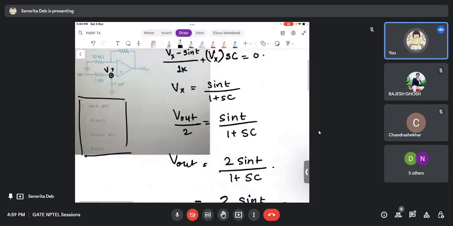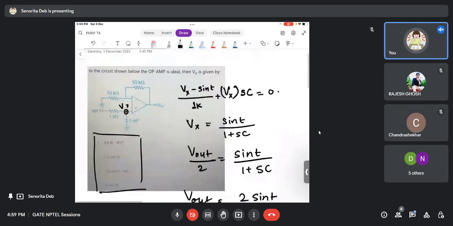When I had applied this KCL equation, I had just considered it as 1 kilo ohm. So 1 kilo ohm, I just wrote it as 1, right? I did not write the unit. So whenever you do things like this, that would mean that everything else in the circuit you will have to maintain in the same way. So C also, it is given 1 millifarad, you will have to maintain it as 1.